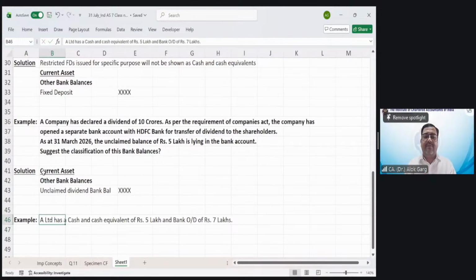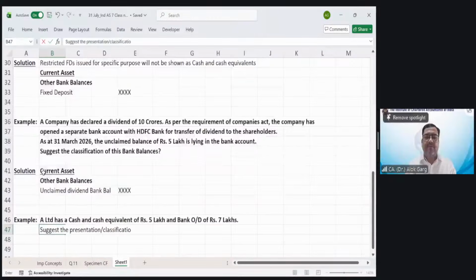Suggest the presentation or classification in balance sheet and cash flow.